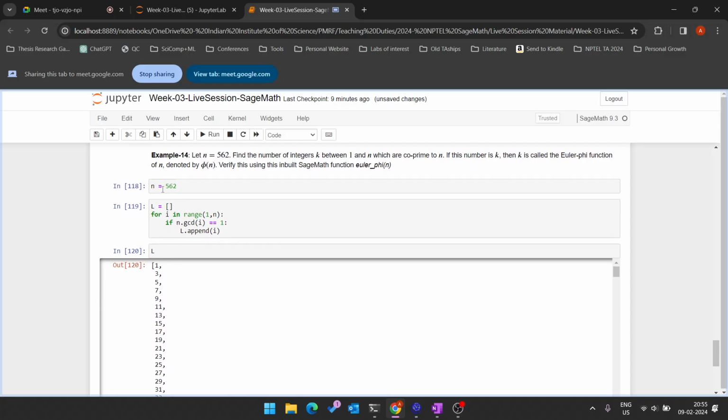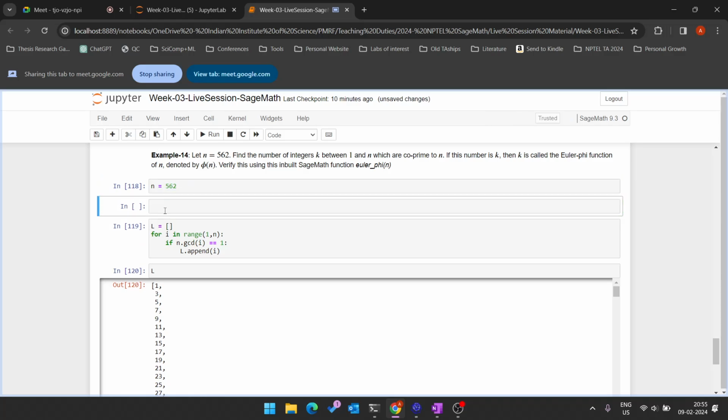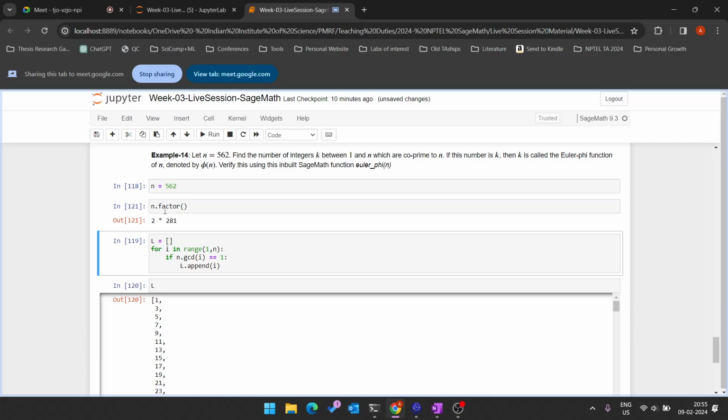So even numbers are all automatically excluded. We can see from the prime factorization that 562 basically has the prime factorization 2 times 281. So all even numbers will be ignored, and 281 and its multiples will be ignored.